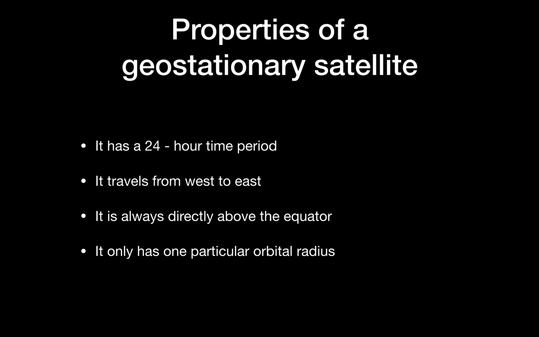It always travels from west to east, and as I previously said, it is always directly above the equator, exactly above the equator, all the time. It has only one particular orbital radius. It never changes its radius or its height from the Earth's surface. It is always at one constant point above the Earth at one specific height. So literally just memorize these four because they'll always come in the paper.